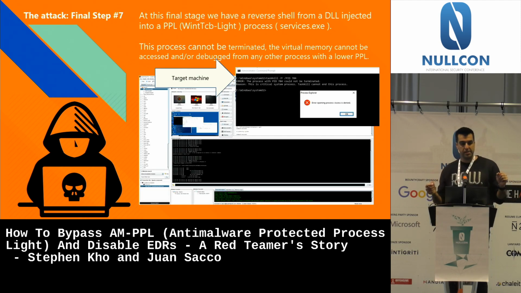So, at this final stage, we have a reverse shell from a DLL injected in a PPL WinTCB Lite process. In this case, service.exe. A new one, of course. This process cannot be terminated. The virtual memory cannot be accessed or debugged from any other process with a lower PPL.